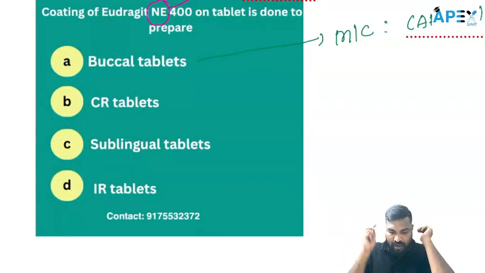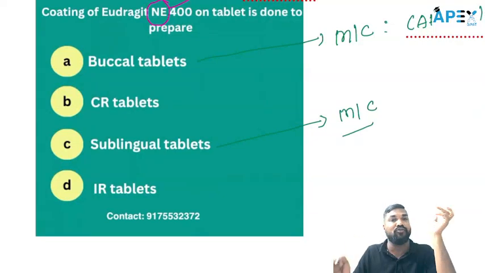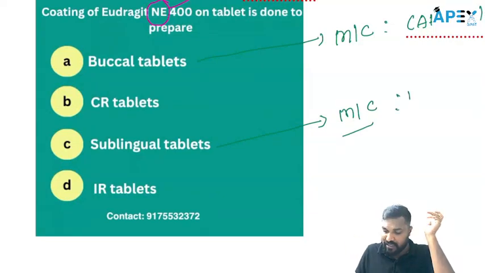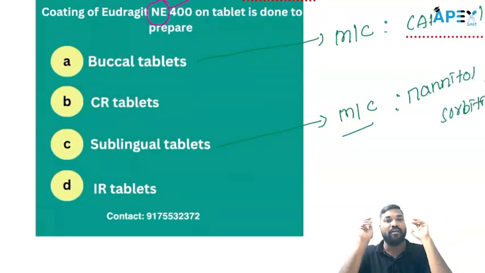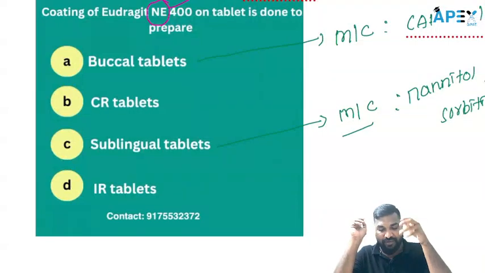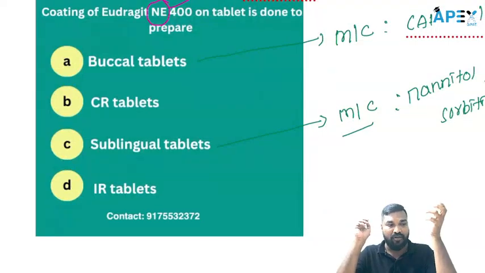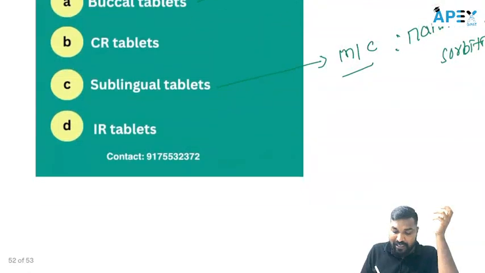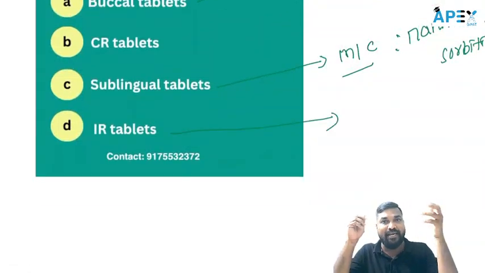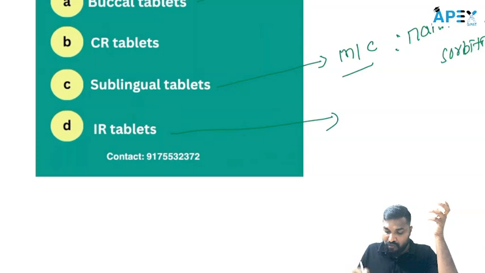Now coming to the sublingual tablet. What is the most common ingredient used in the sublingual tablet? The answer is mannitol or sorbitol. Mannitol or sorbitol produce a cooling sensation. We use them in chewable tablets also. For immediate release tablets, for fast release, we want super disintegrants.